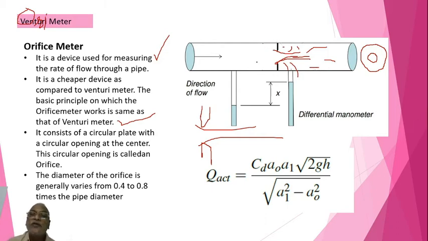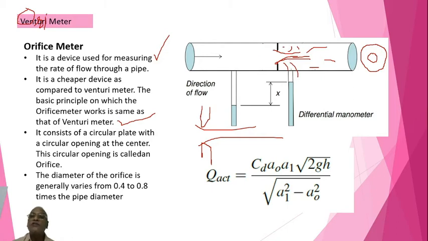So there is a circular plate with a concentric hole, which is an orifice, right? You know that an orifice is nothing but a small hole. So here in the pipe there is a circular plate which is fitted into the pipe.